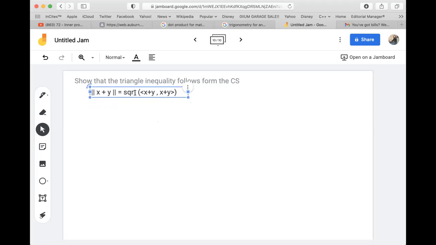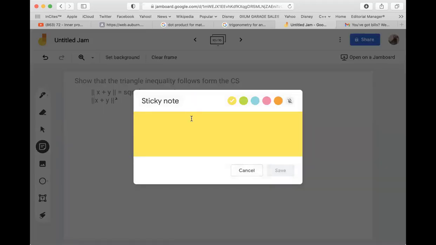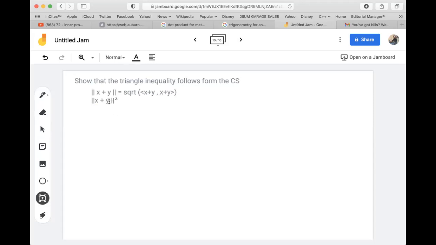So to remove this, we will add the power of 2 to x plus y here.